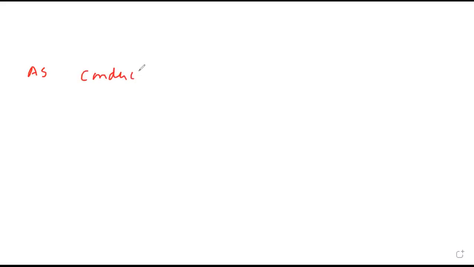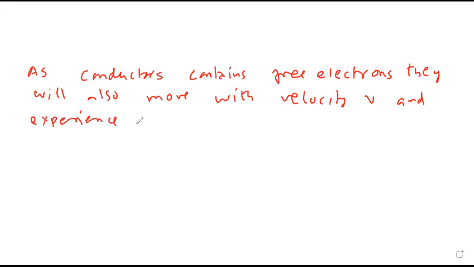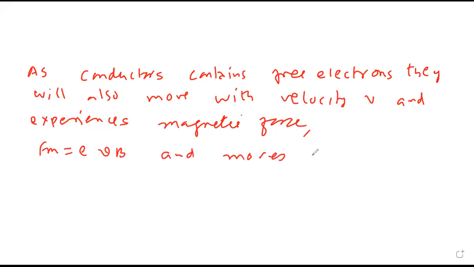As the conductor contains free electrons, they will also move with velocity v and experience magnetic force Fm equal to evB, and move towards the lower end of the conductor.